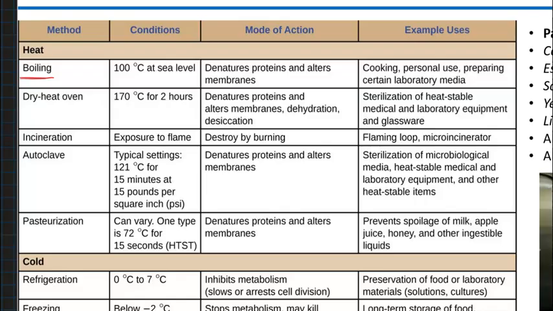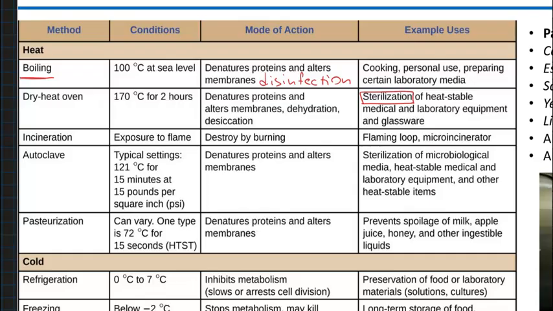So, boiling, disinfection. It is not sporicidal. It does not destroy endospores. Okay? So, dry heat. Can sterilize. You're going to spend a lot of time there. If you want sterile, we're talking days. Okay?